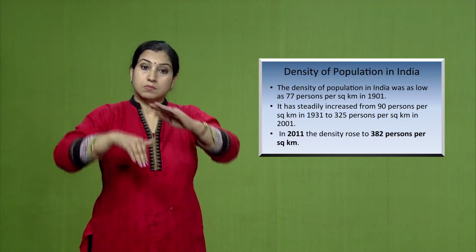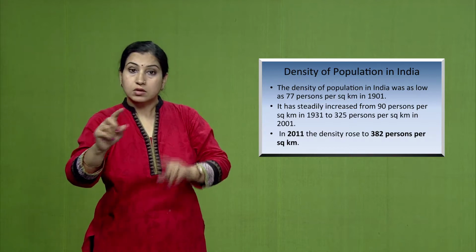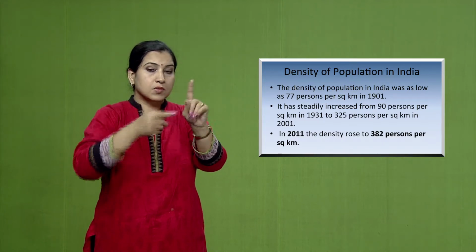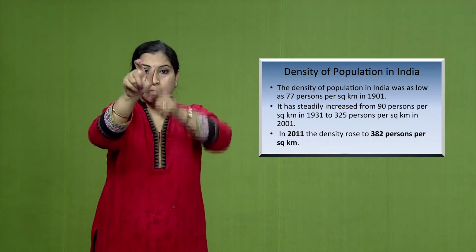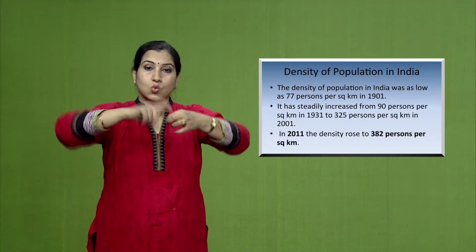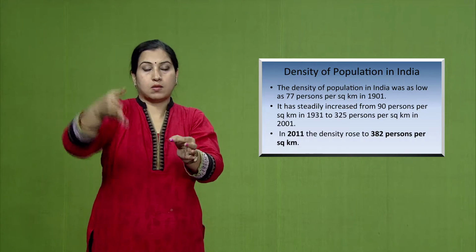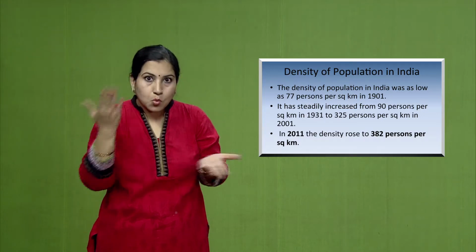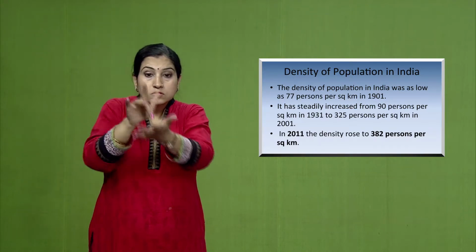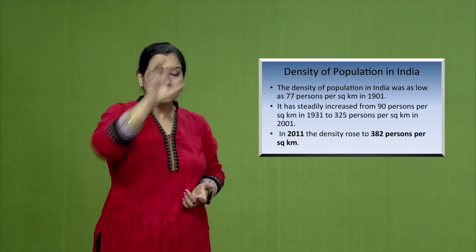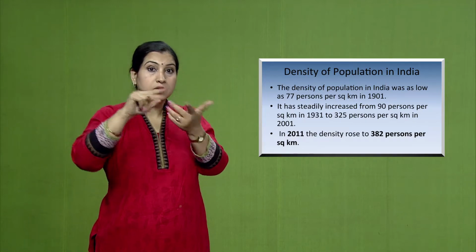In 2011, the density rose to 382 persons per square kilometer. You would be interested to know which is the most densely populated state or UTs of India, right?